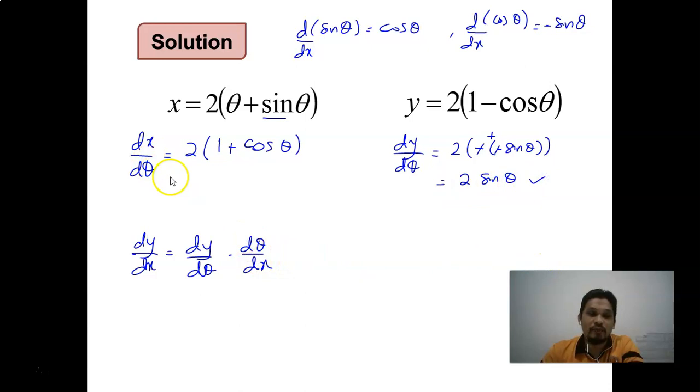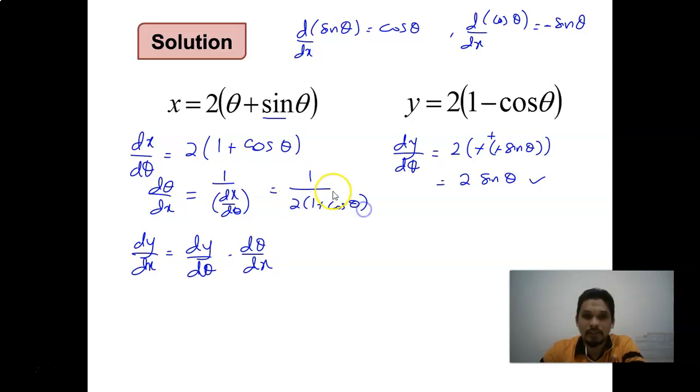we need to define it from dx/d theta, so d theta/dx equals 1 over dx/d theta, which is equal to 1 over 2(1 plus cos theta).